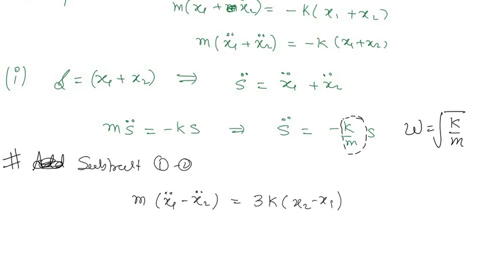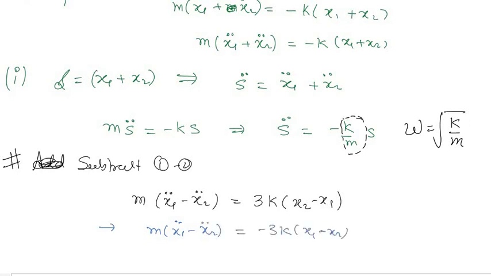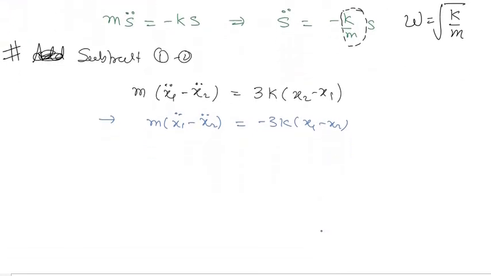So from here you will get m times x1 double dot minus x2 double dot is equal to minus 3k times x1 minus x2. So now you have another normal coordinate, that is x1 minus x2.